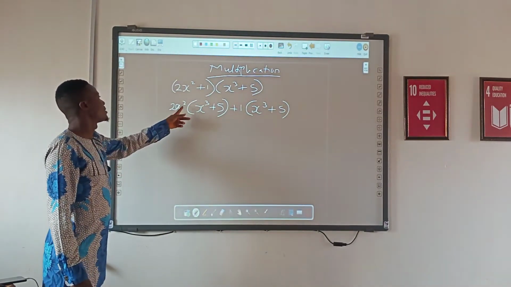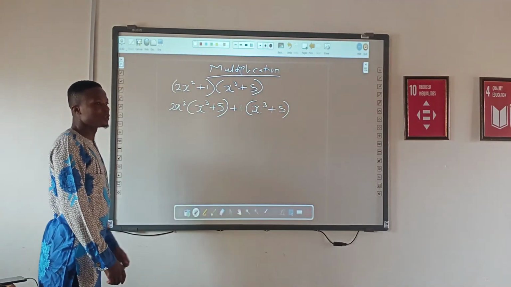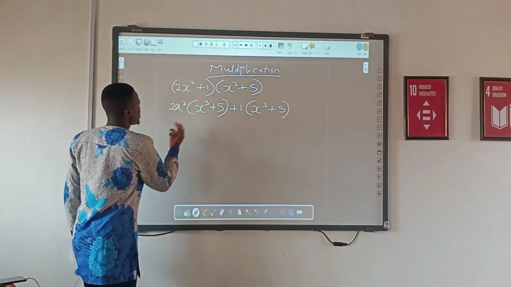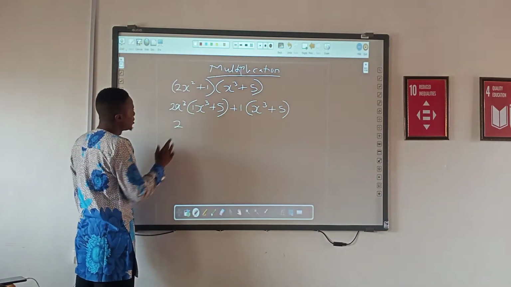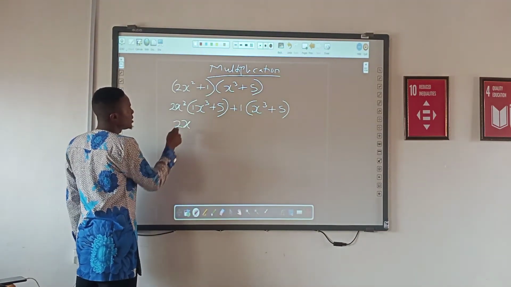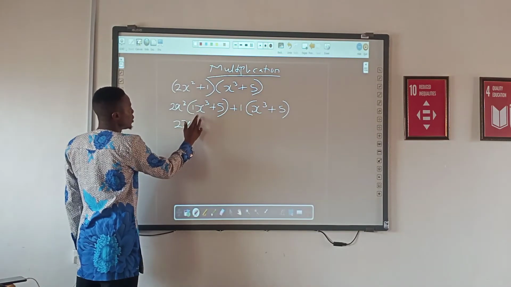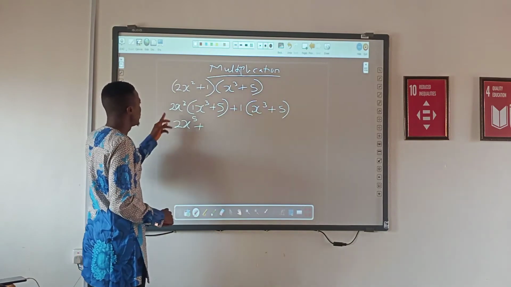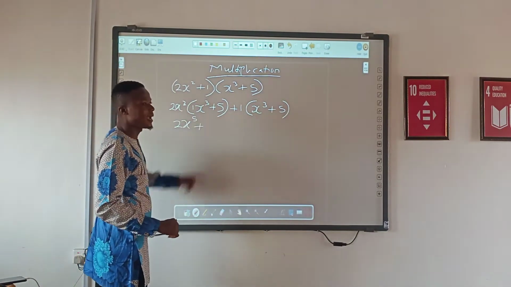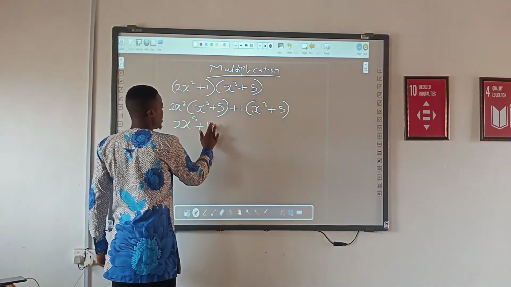So we don't come and say 2 times 3 is 6, which is wrong. So this is just like 1, right? 2 times 1 is just what? 2. Then write your x, from the rule of indices, 2 plus 3 is what? 5. Plus 2x squared times 5, 10x squared.